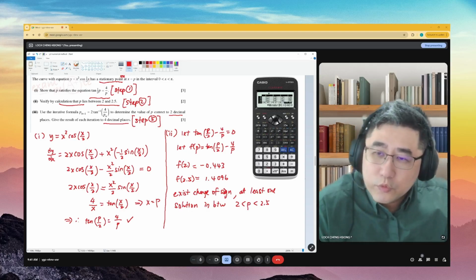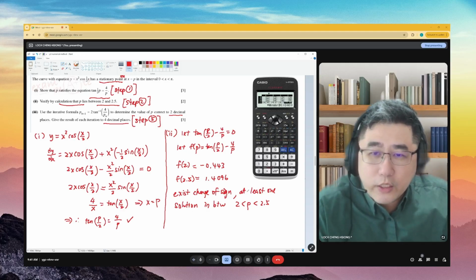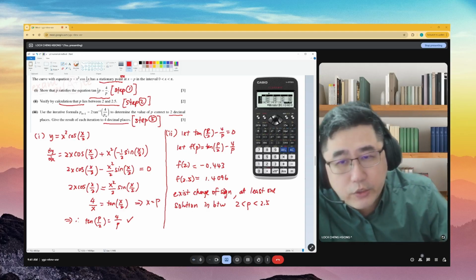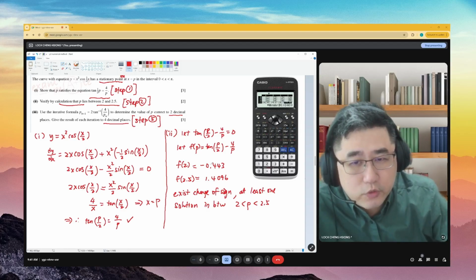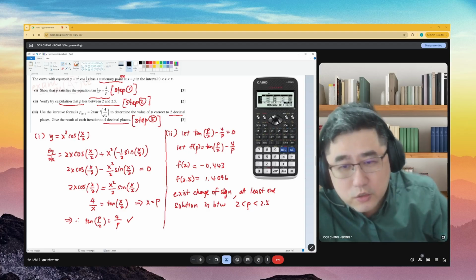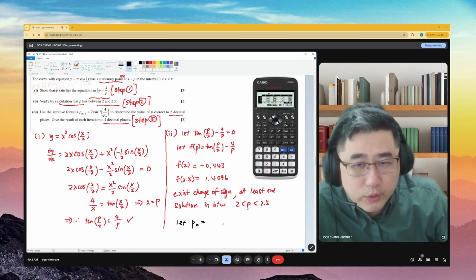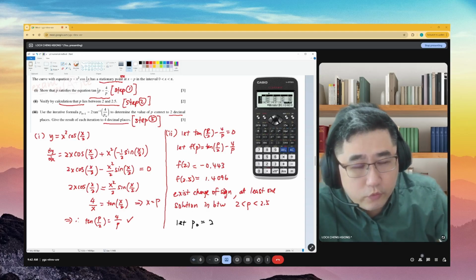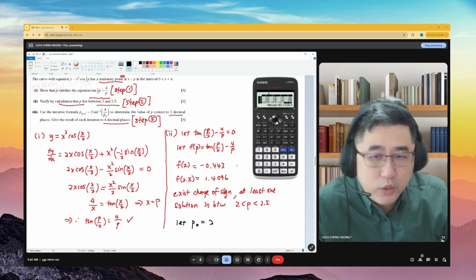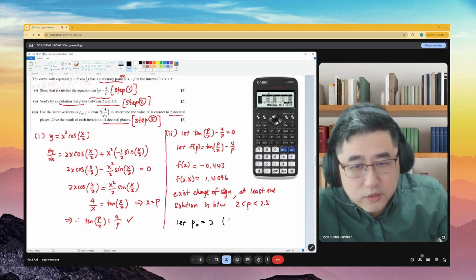So I will need to identify my P naught by using information from step 2. You will see negative 0.443 and 1.4096. I will let my initial value P naught be 2, because negative 0.443 is nearer to 0. This will be my step 4.